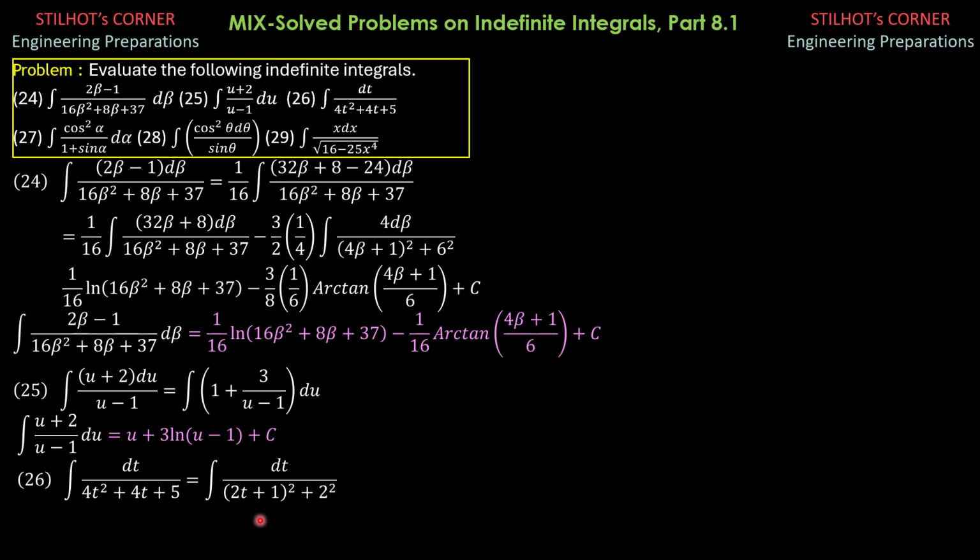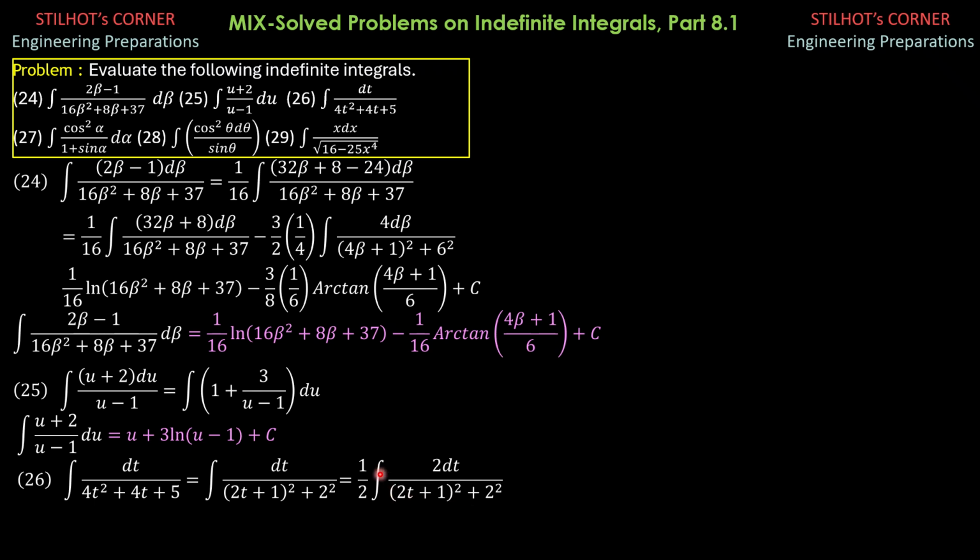U is 2t plus 1 and a is 2. Since u is 2t plus 1, the differential is 2 dt, so we put 2 here and put the reciprocal here. So that's 1/2 integral of 2 dt over (2t plus 1) square plus 2 square.